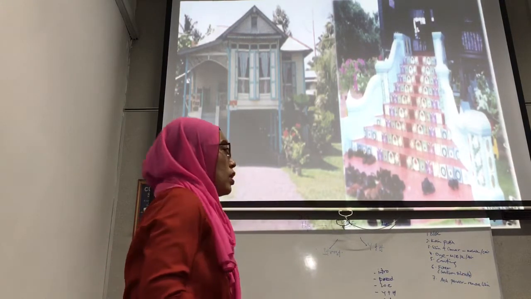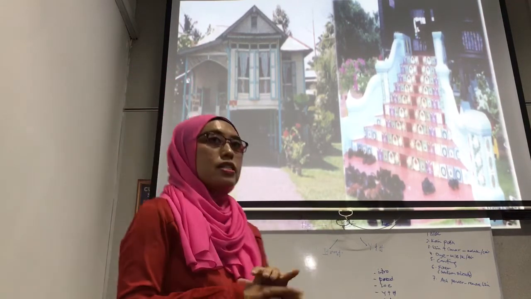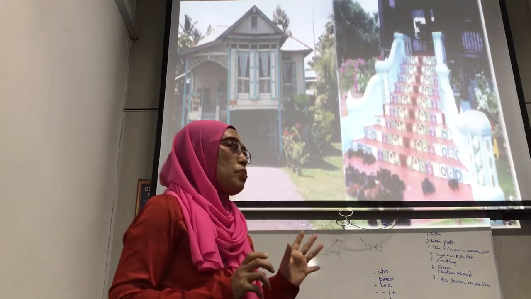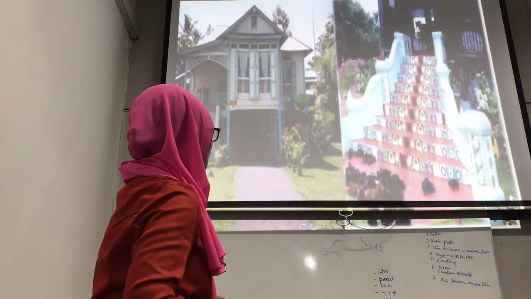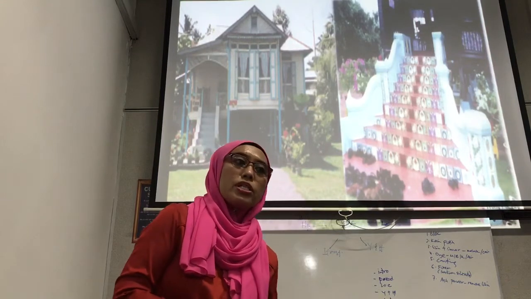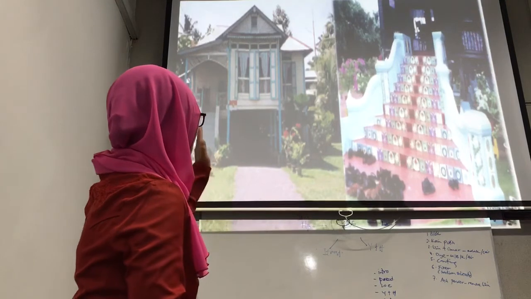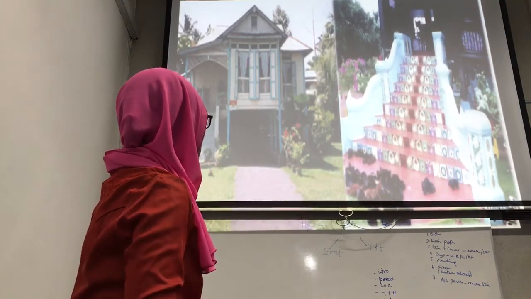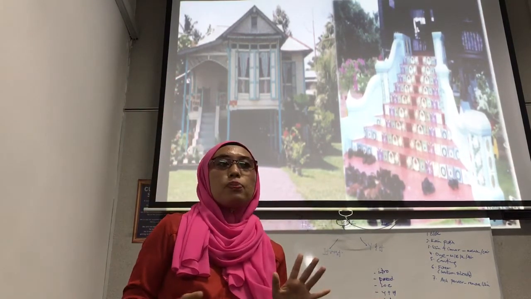Then, if we enter the other side of this house, we can see what we call rambi gantung. This rambi gantung is also for the occupants of the house to rest with their family members, and it is good for air ventilation, because we can see there is a hole in the windows.